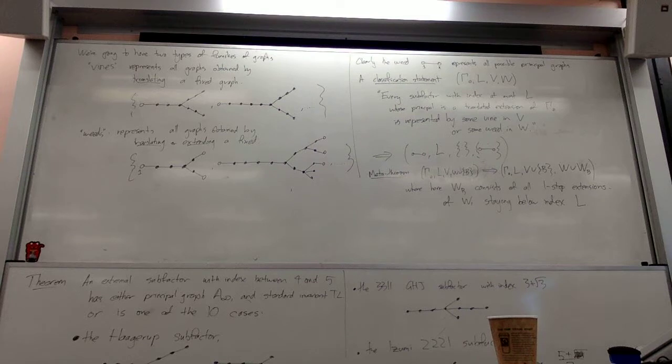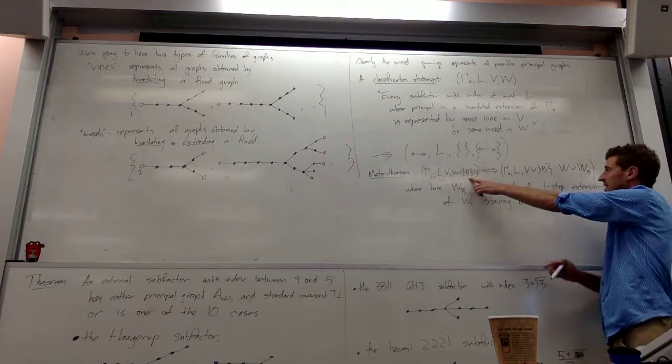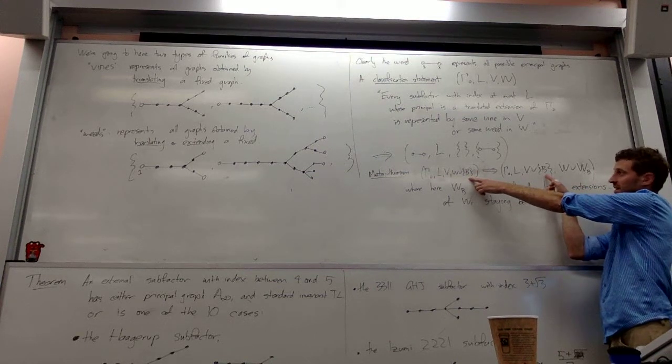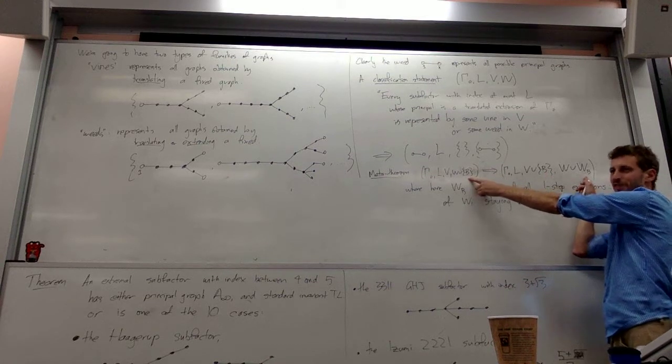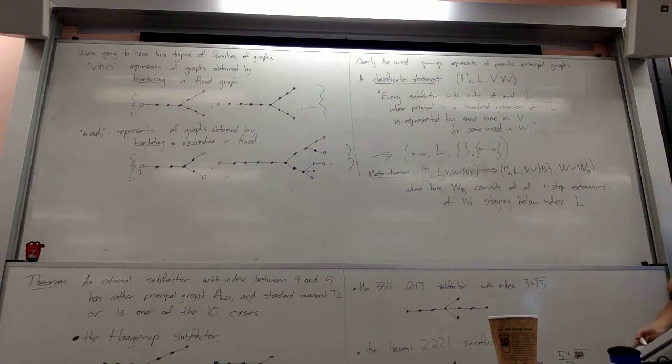So all this is saying is that if you are some translated extension of B, then either you're just a translation of it, okay, in which case this B thought of as a vine takes care of it, or you are a non-trivially extended translation of it, in which case one of these one-step extensions of W takes care of it. Okay, so this is a very easy fact.